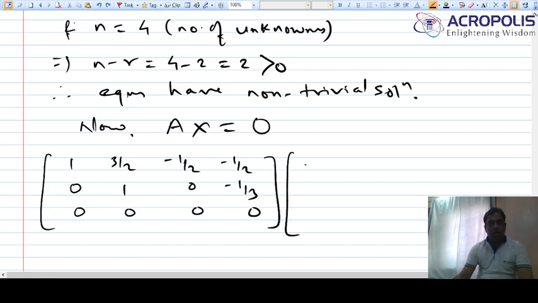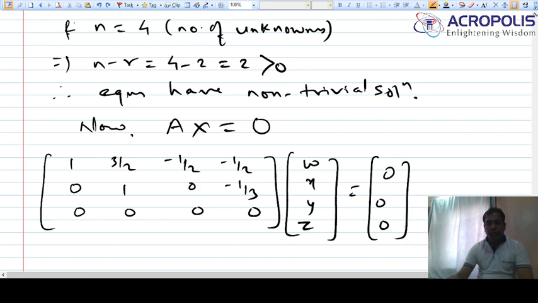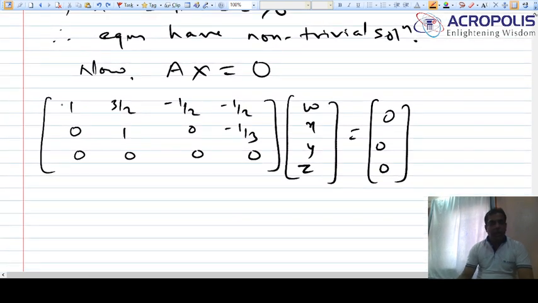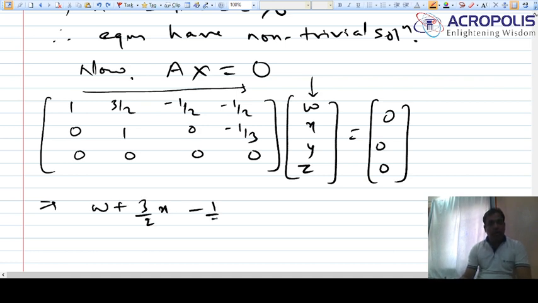Capital X is W, X, Y, Z and capital B is 0, 0, 0. On multiplying these rows into this column, we'll get W plus 3 by 2 x minus 1 by 2 y minus 1 by 2 z equals 0. X minus 1 by 3 z equals 0.